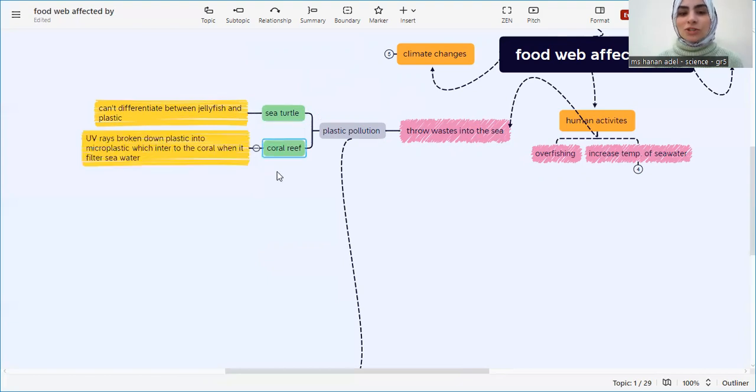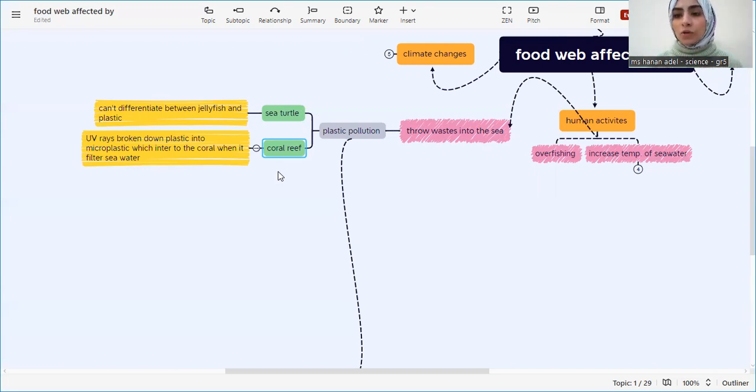The second one is the coral reef. When the coral reef wants to eat, it filters the water to take its food, to ingest its food. And when I throw a plastic bag or anything plastic in the sea, the ultraviolet rays coming from the sun break down this plastic into very small pieces, even smaller than a grain of rice.